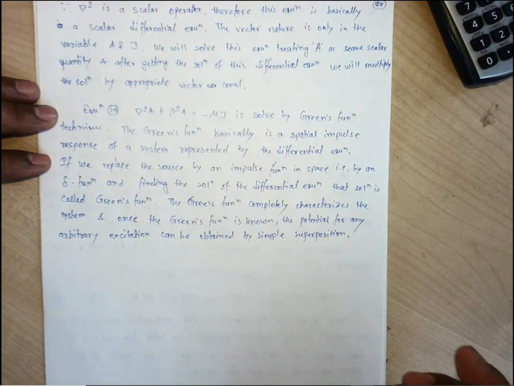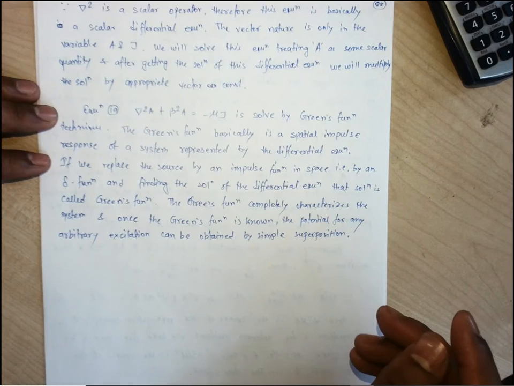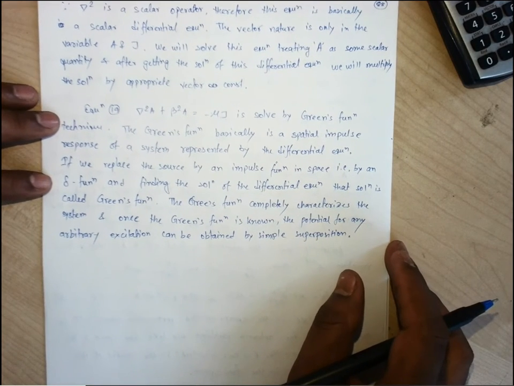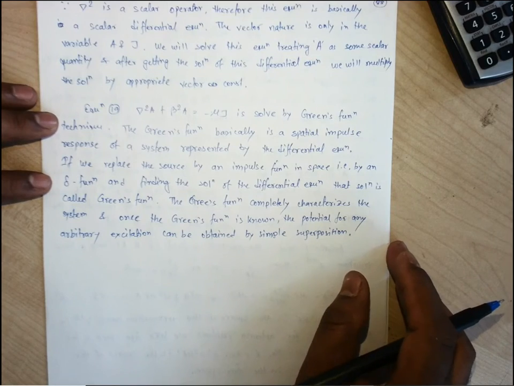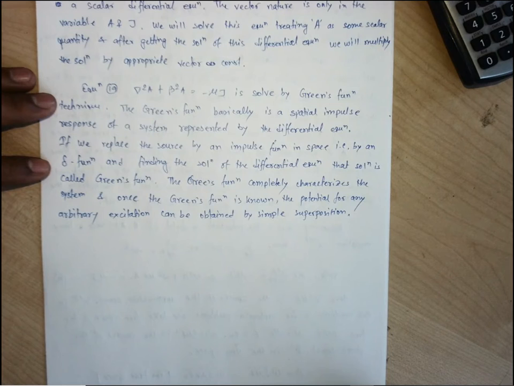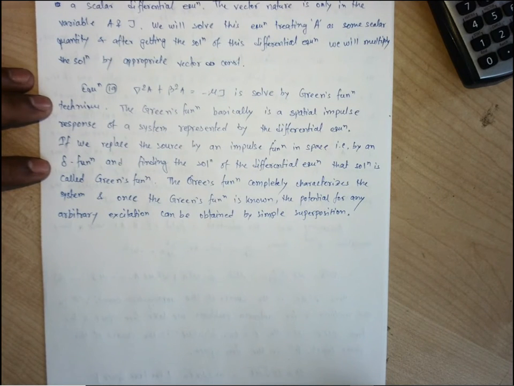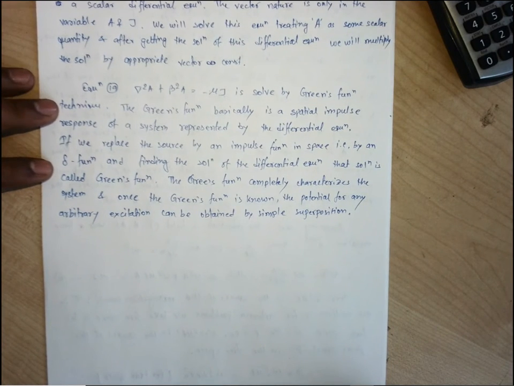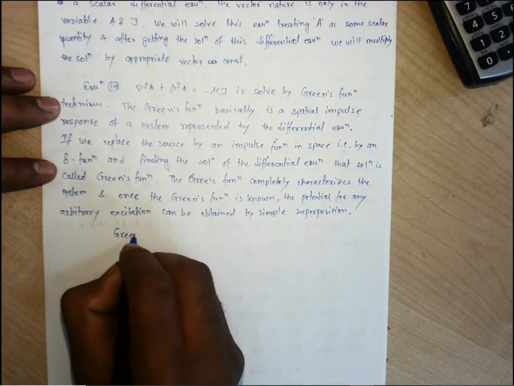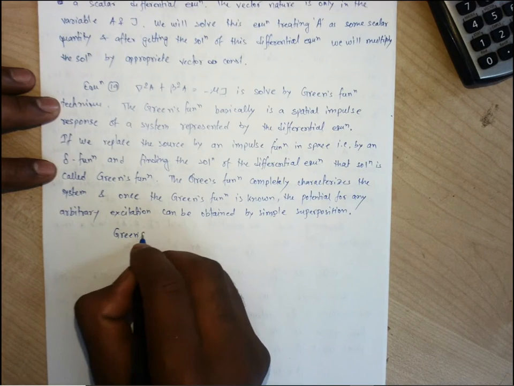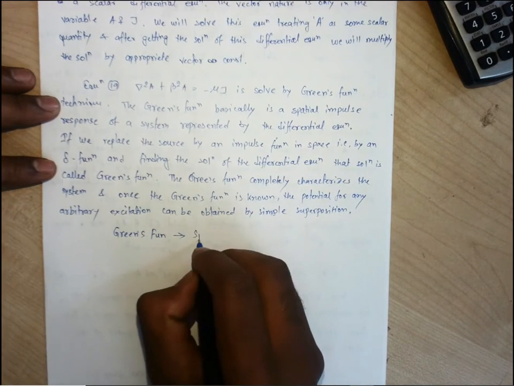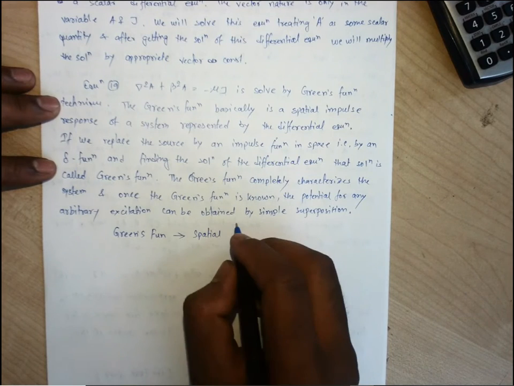So once we have the response of a system by exciting it with an impulse input, then we can take any kind of input by simply taking the superposition of those impulse responses. So as a whole we can write this Green's function, which will give us the spatial impulse response.